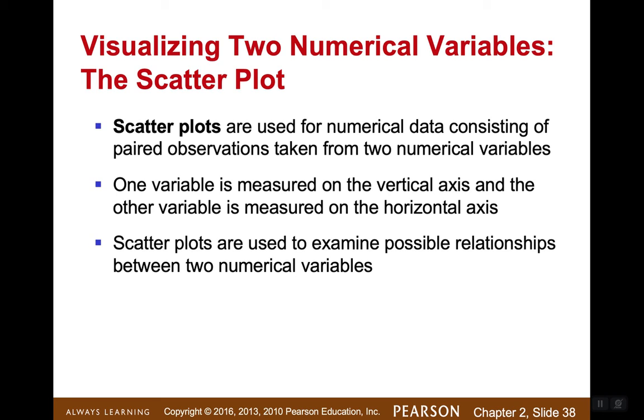So we take a pair of observations, the two numerical variables that we have, combine them together, and plot that point on a chart. One is measured on the vertical axis, one on the horizontal axis. And what it gives us is a visualization of any possible relationships between the two variables.